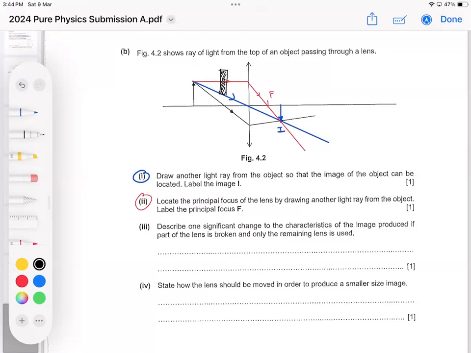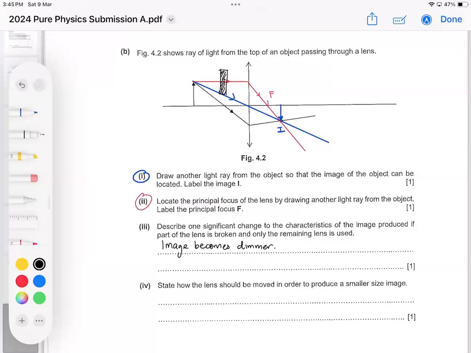All these are wrong. So in this case, we'll say that the image becomes dimmer.